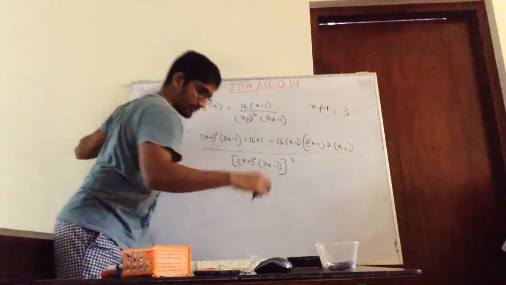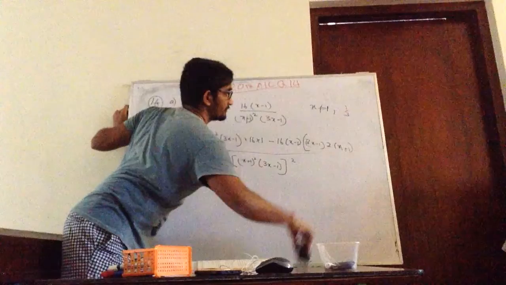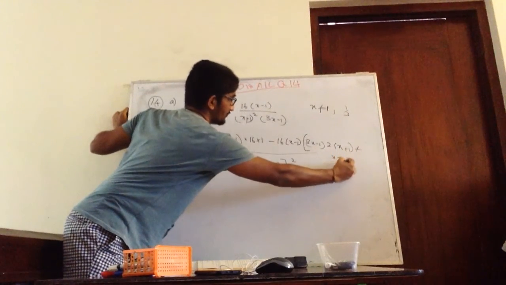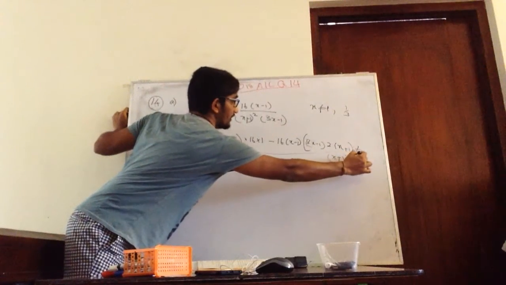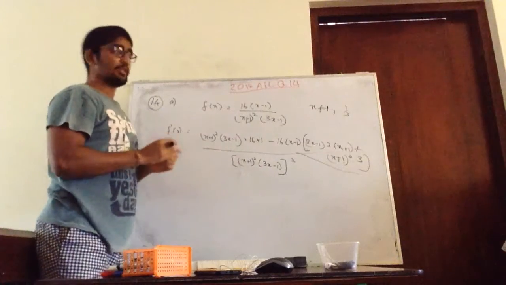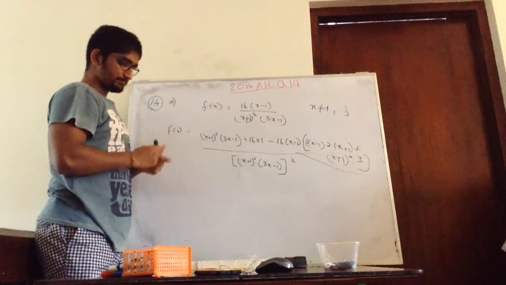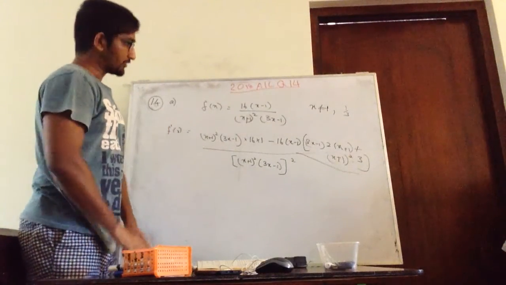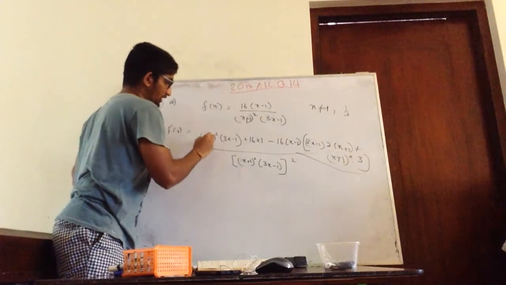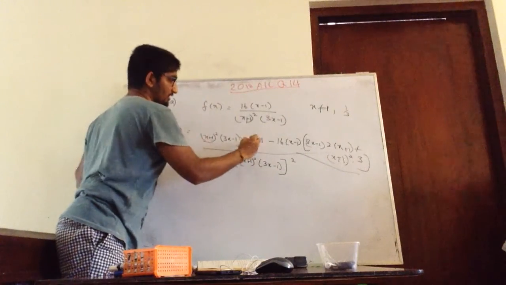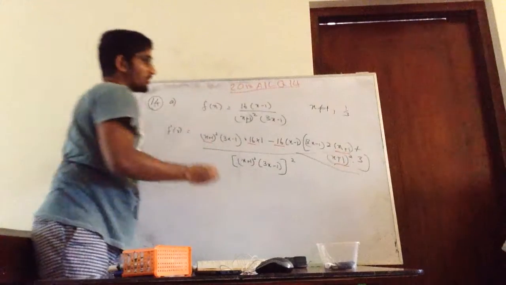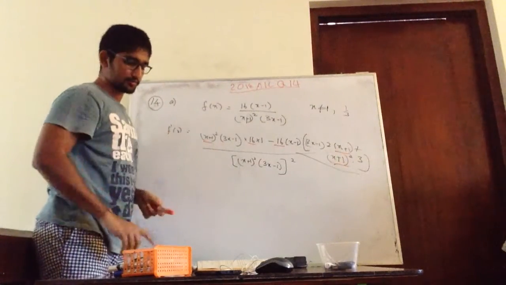Then plus (x + 1)² times 3. So now we need to simplify this, so I'm going to take common stuff out. Here (x + 1) appears on both sides, so I'm going to take 16(x + 1) out.